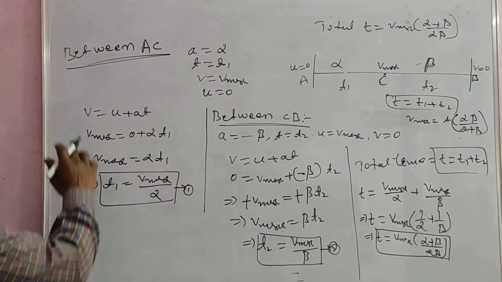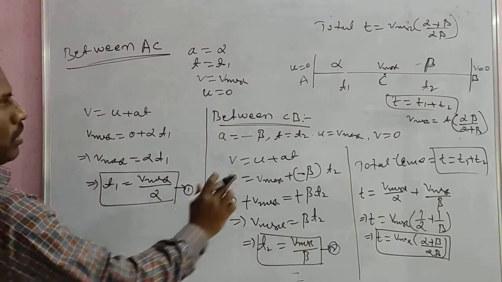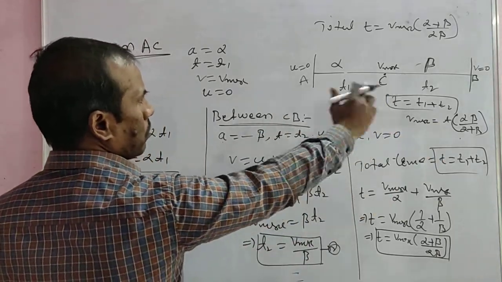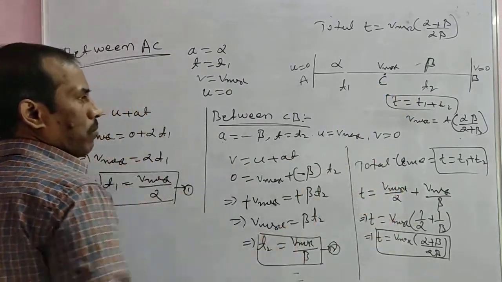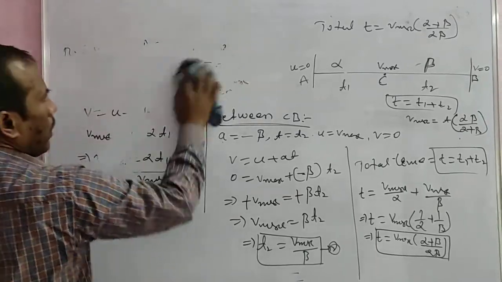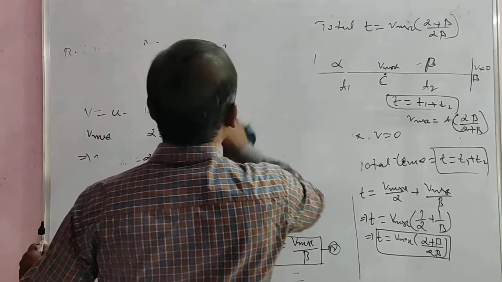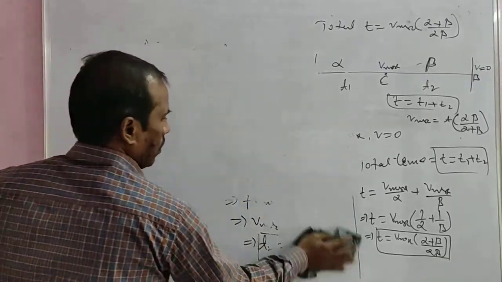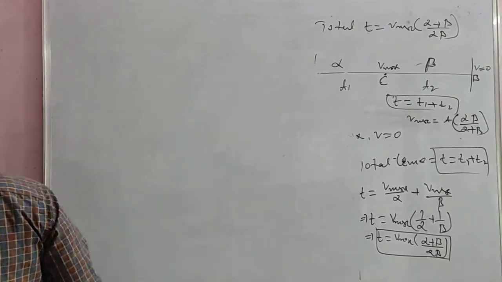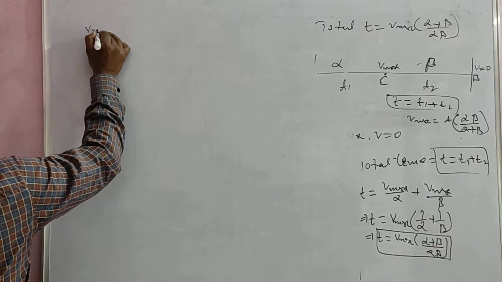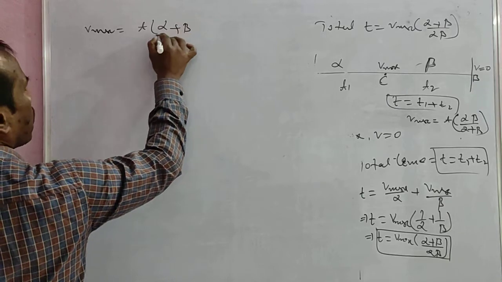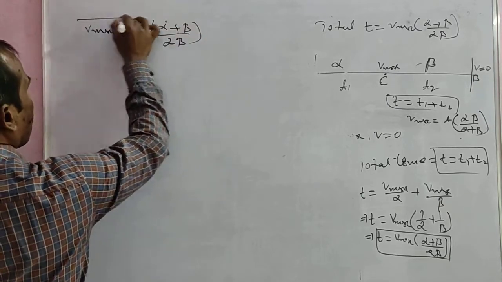Between A and C is T1, between C and B is T2, so the total time from A to B is T. So maximum velocity is equal to T into alpha beta by alpha plus beta.